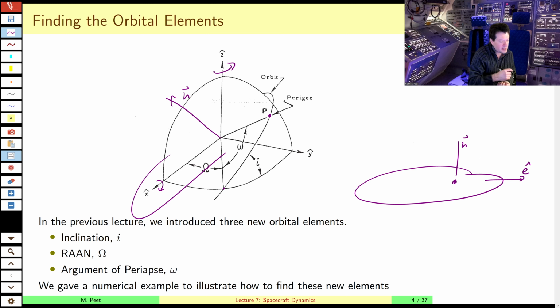Unfortunately, that's not the approach we take in this lecture, because these rotations that I just described don't correspond to the standard rotation matrices.